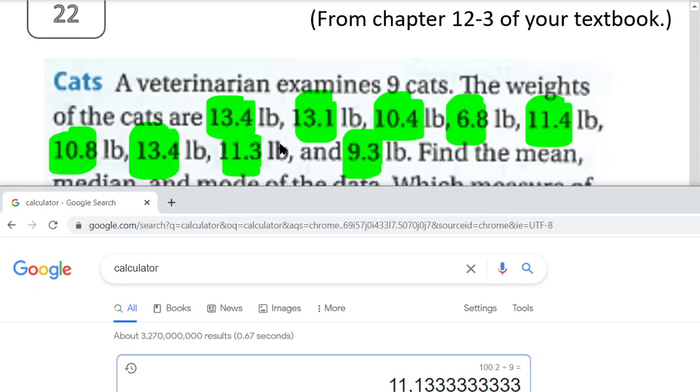It does not say what to round it to. Since all of these are rounded to the nearest tenth, they only have one number behind the decimal. We'll make this one only have one number behind. So behind the 11 here, we have a 3. So we should keep it rounded down to 11.1 would be a good mean.